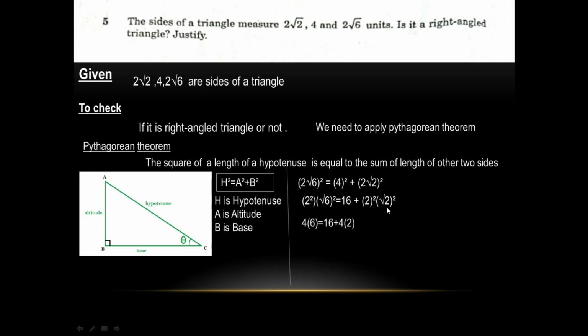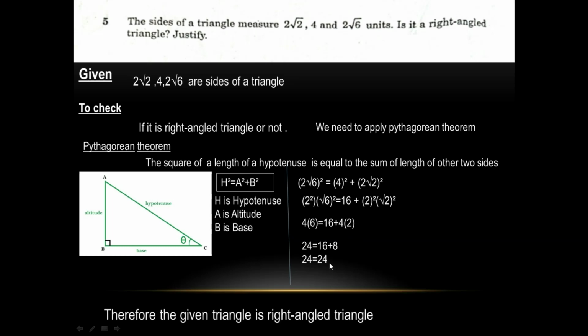In solving this, we get 4 into 6 is equal to 16 plus 4 into 2. Then we get 24 is equal to 16 plus 8. 24 is equal to 24.